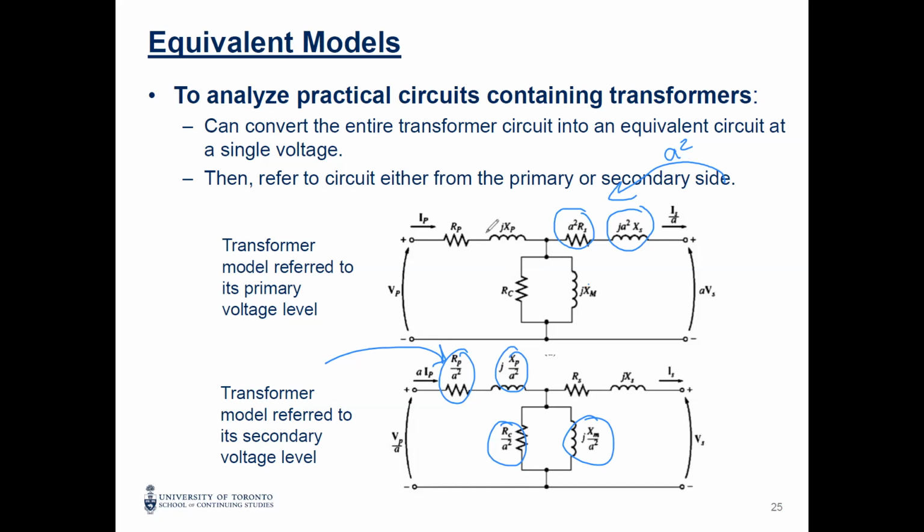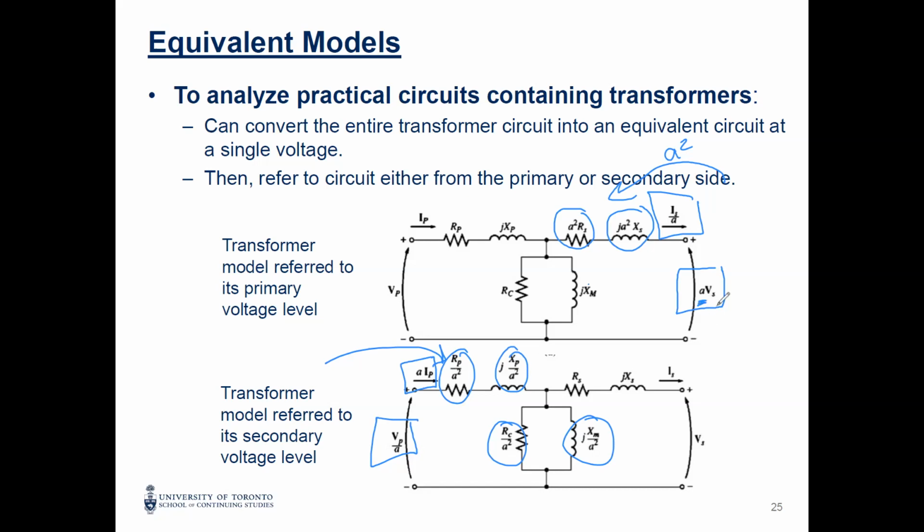One thing is the voltage: you multiply by A here, and you divide by A for the current. It's opposite here: you divide the voltage and multiply the current.